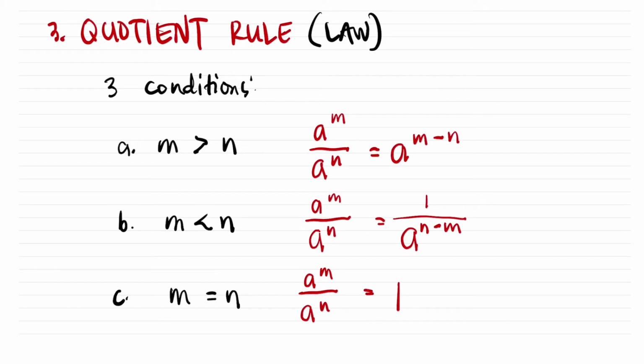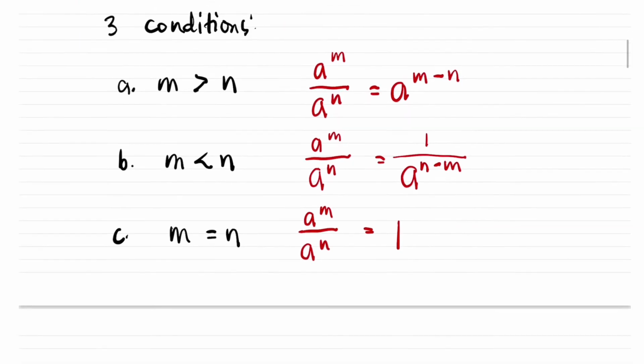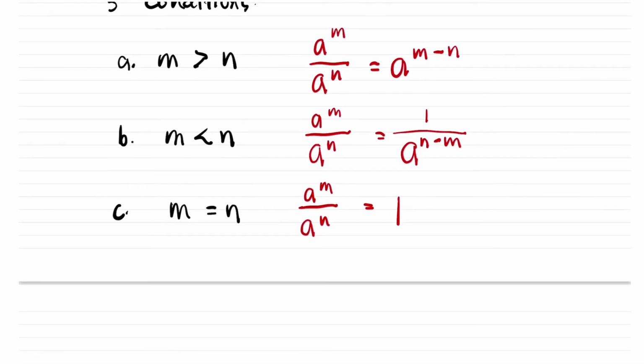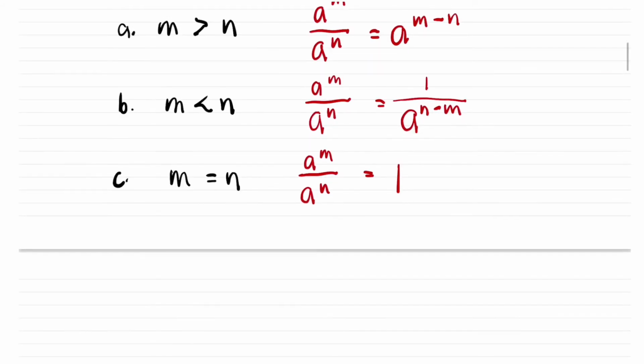So if m is greater, you solve it in the numerator. Once m is lesser, you solve it in the denominator. Once they are the same, the answer will always be 1. Let's have an example.